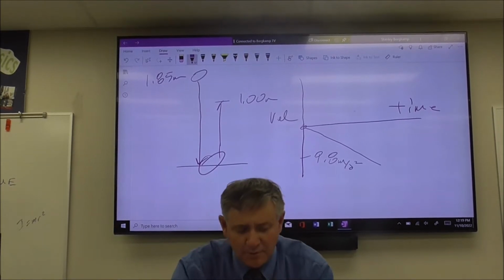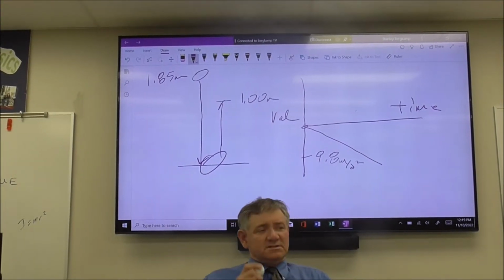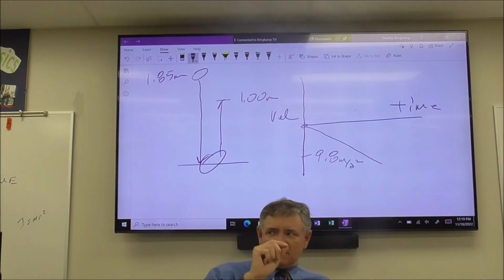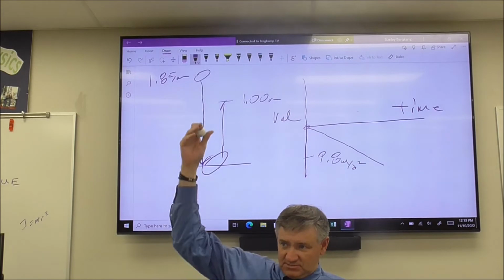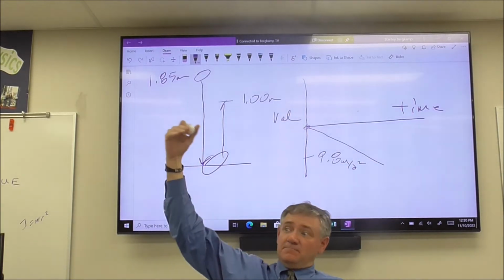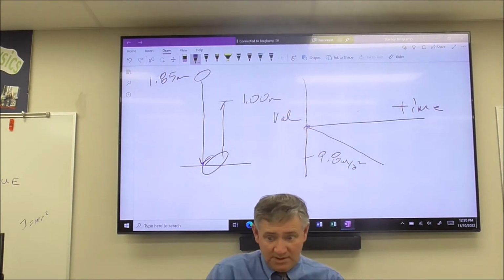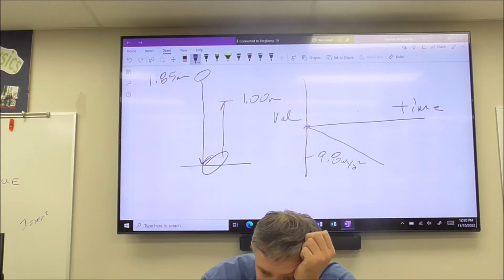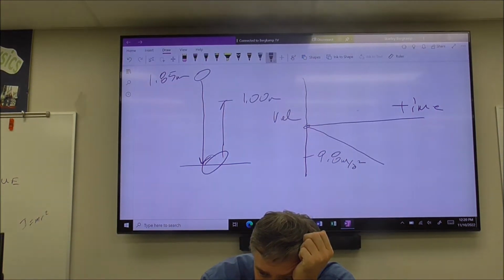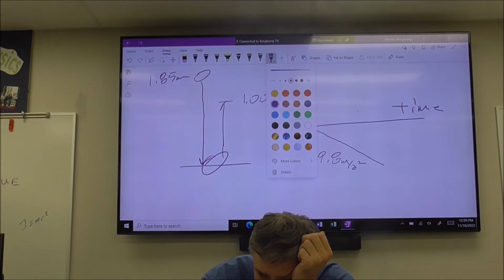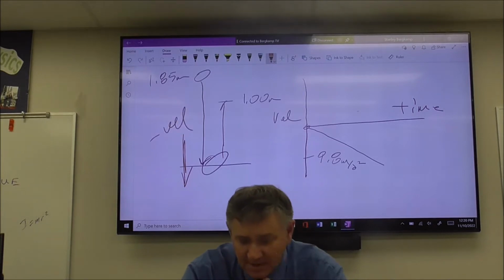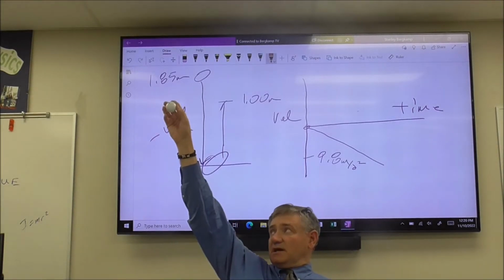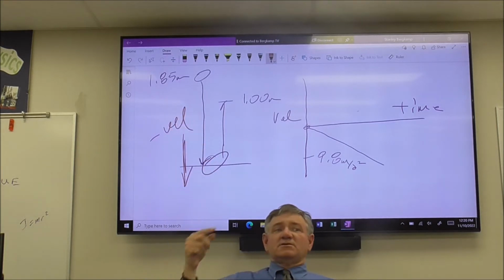So here's what's going to be important. What's going to be the sign of the velocity when it hits the ground? Negative, because when this thing hits the ground, it's going to have some big negative velocity vector pointing down. Now, as soon as it comes in contact with the ground, what's it going to start to do?